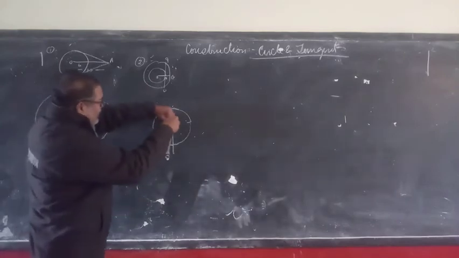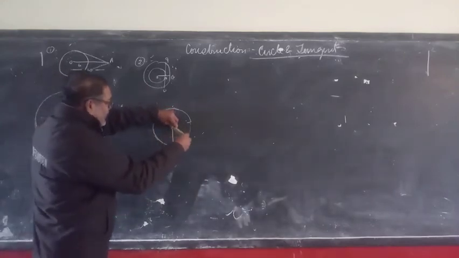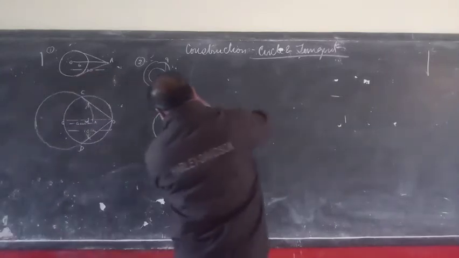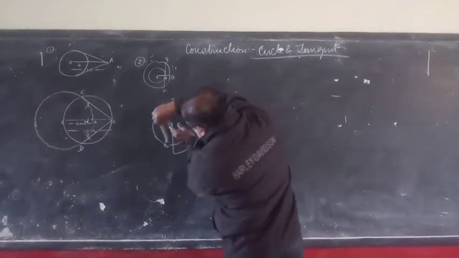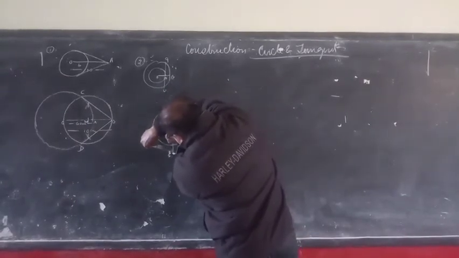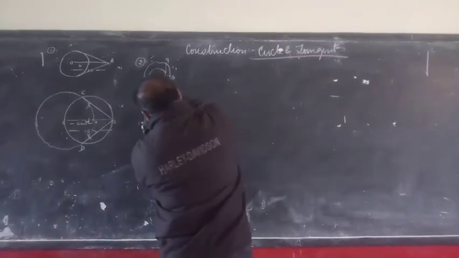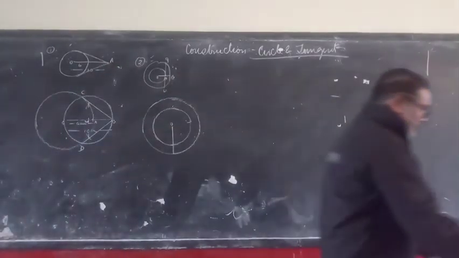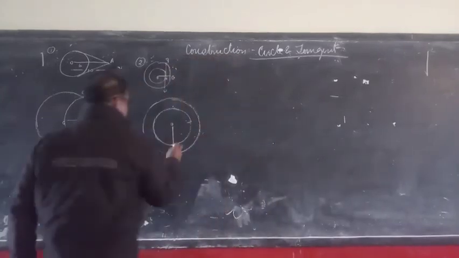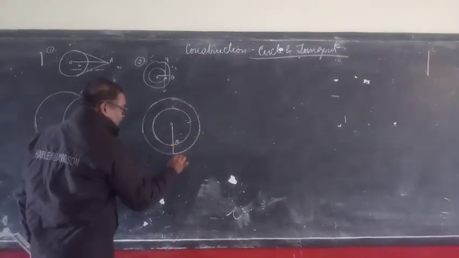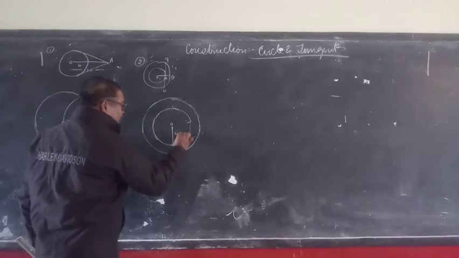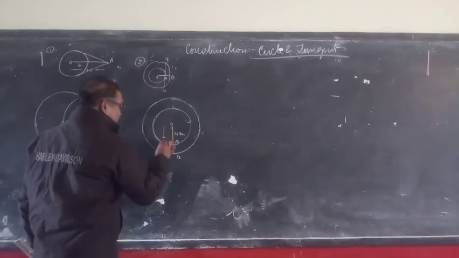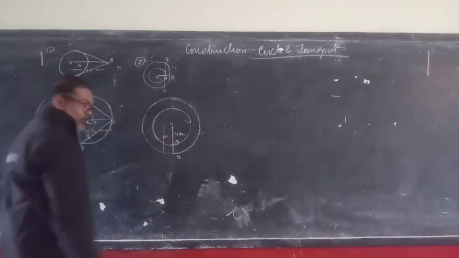Now, second time you take the radius of 6 centimeter and complete the concentric circle. Here you write A and here you write B. This OA is 4 centimeter and OB is 6 centimeter.